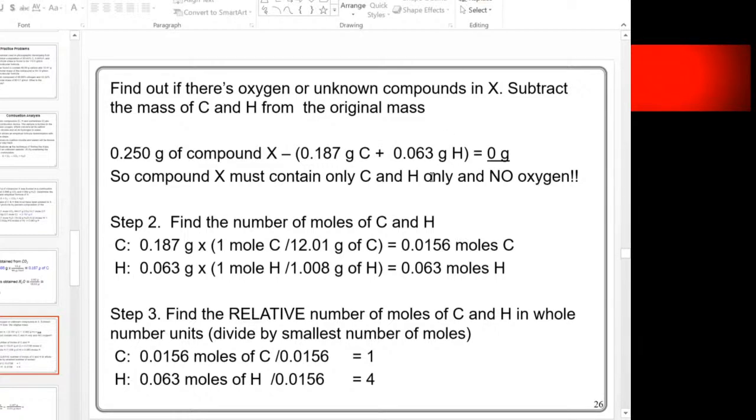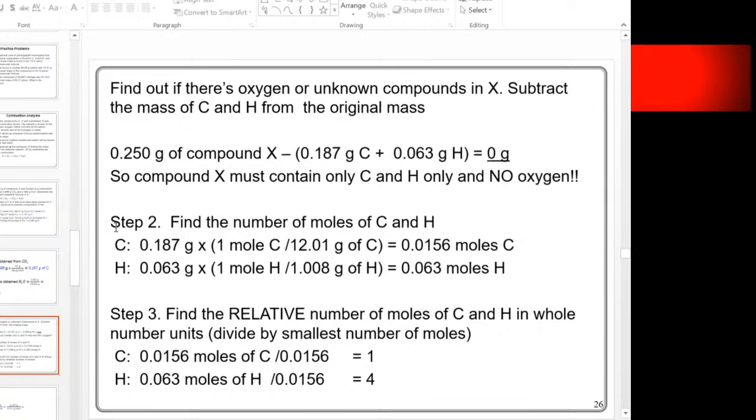We now have the moles there. Then we go to step 3. In step 3, you find the simplest mole ratio by dividing by the smaller number of moles. For those who are following, from step 2 going downwards, we're just using the formula for empirical formula determination.